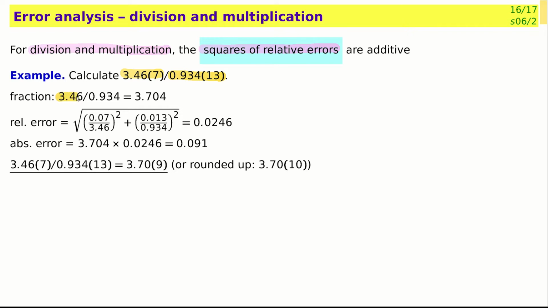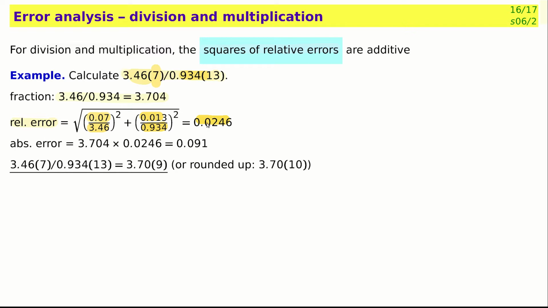To calculate the fraction is easy, and the relative error of this is the relative error of the first term, which is here, is this value. It means 0.07 divided by the value, and the same for the second one, the same trick, and this is the result. But this is not enough.